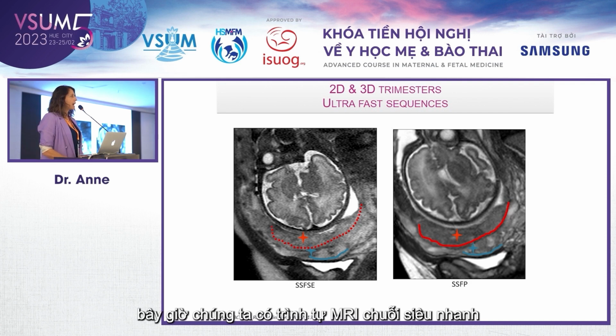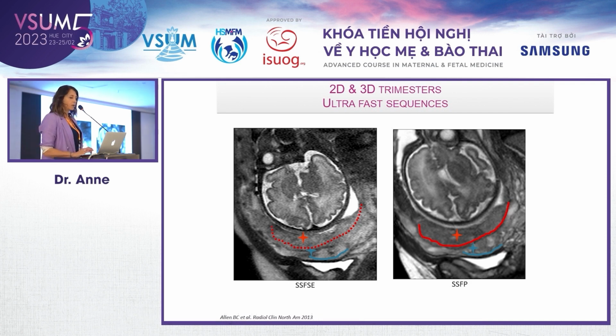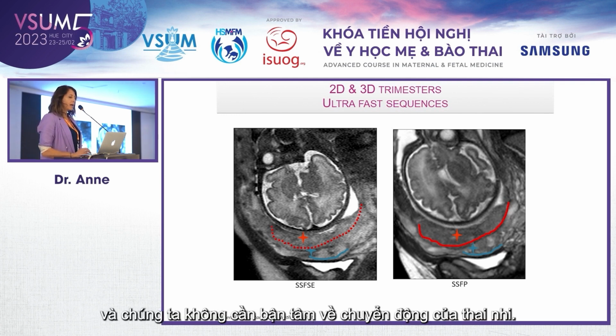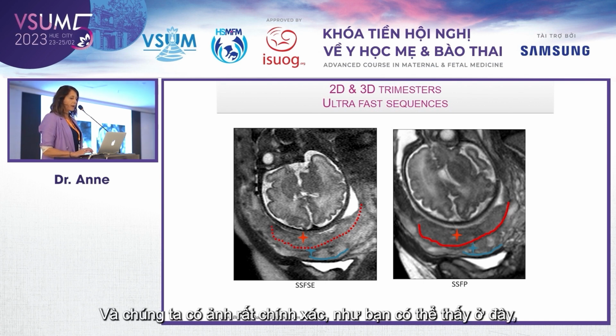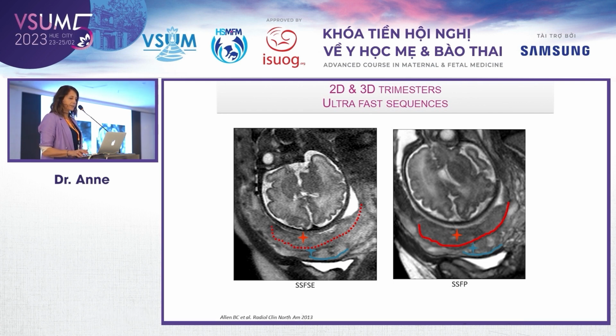And you know that we have ultra-fast sequences now, which are very easy to perform, and we don't have the burden of movements of the fetus. So we have very accurate images, as you can see here.